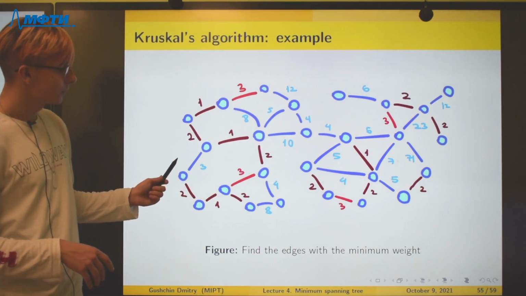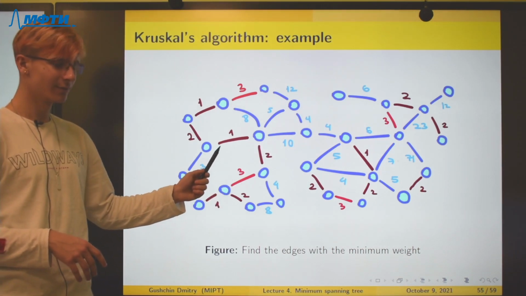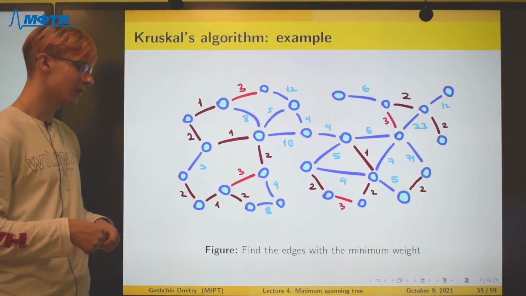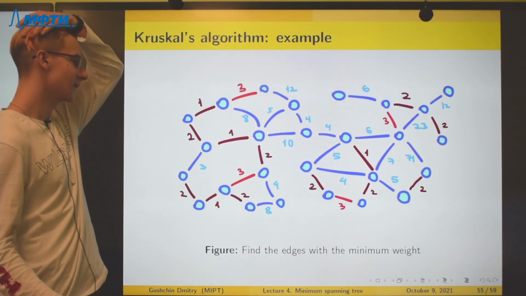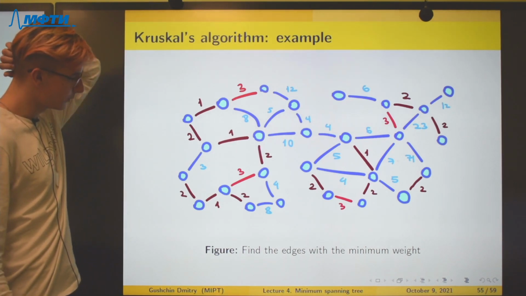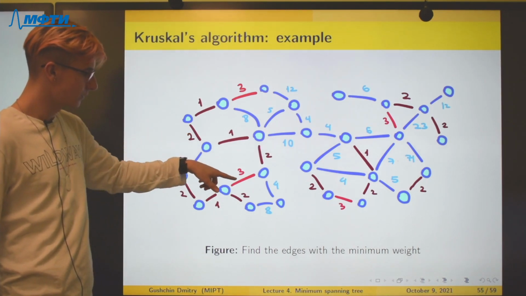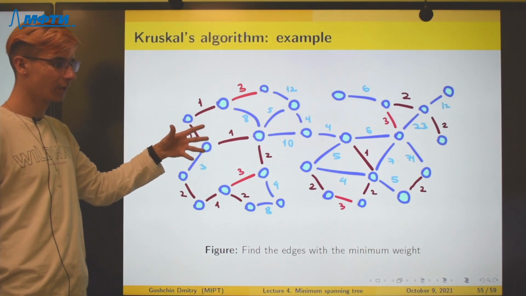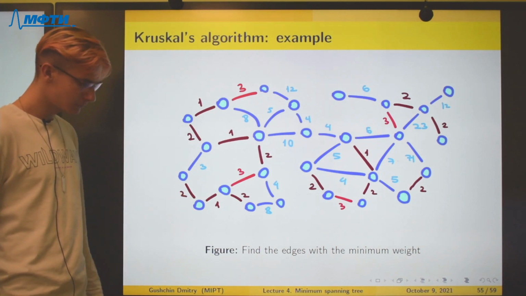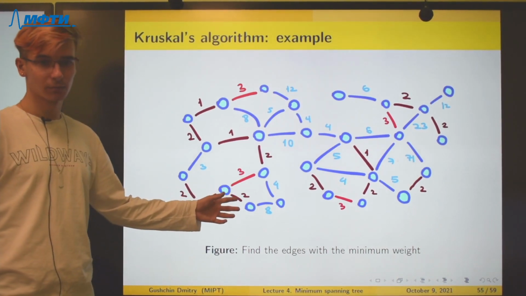And we can choose one of them, not both of them. If we choose both of them, we get a cycle, and we don't want a cycle because we want to find a minimal spanning tree. So if we have between 2 components some edges with the minimum weights, we choose one of them.